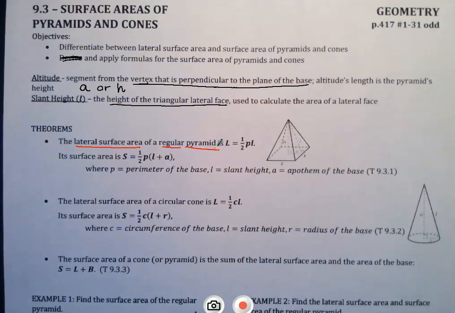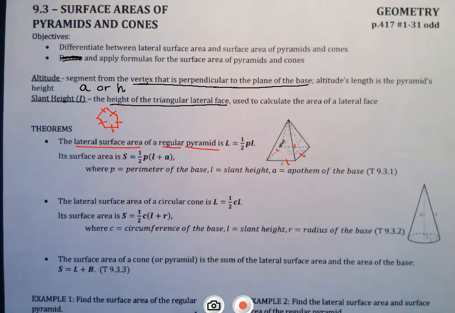A regular polygon, a regular pentagon, all the sides are equal. So if this is a regular pyramid, along the base, all the sides of the base are equal, which makes everything else equal. Okay?